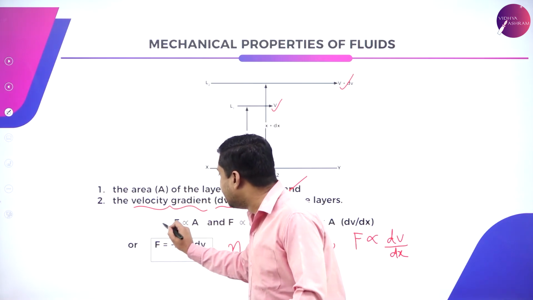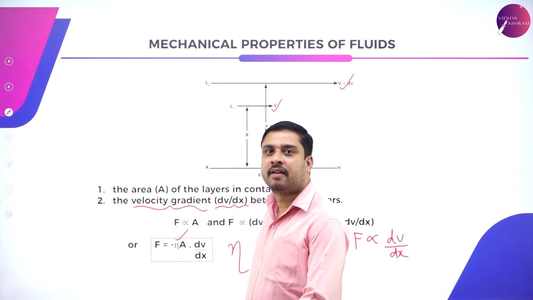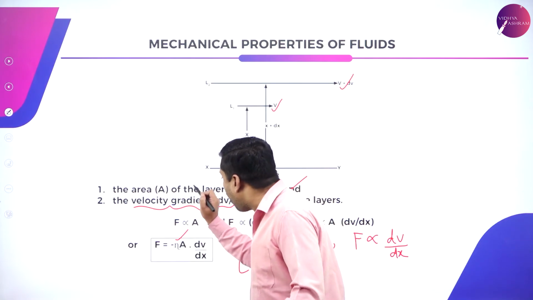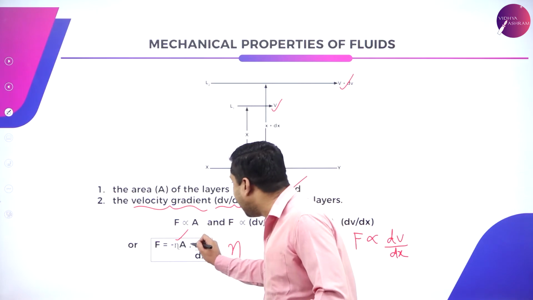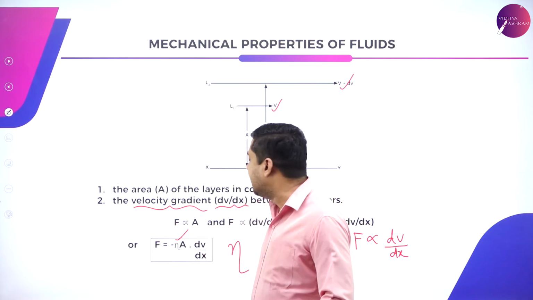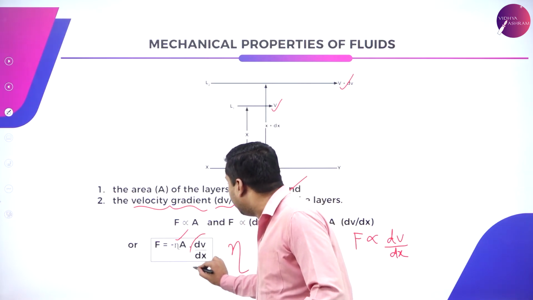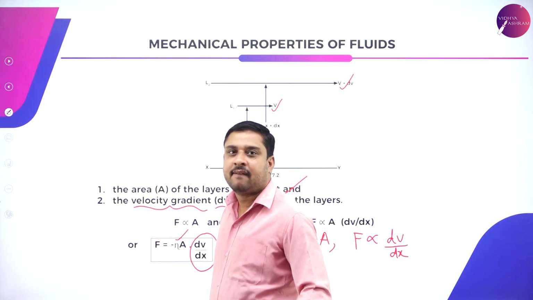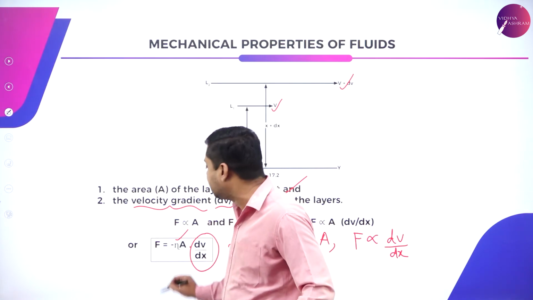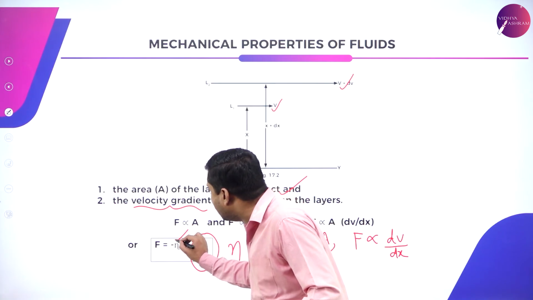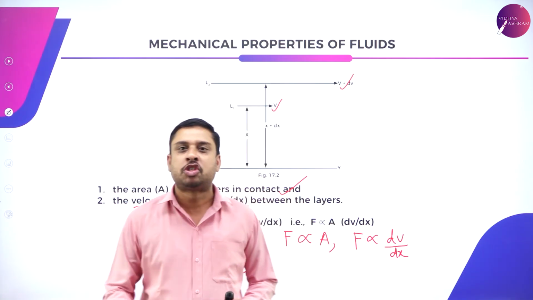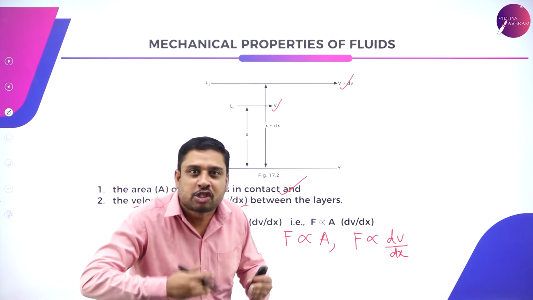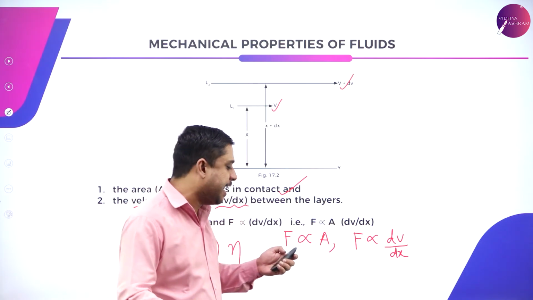So F is the viscous force, eta coefficient of viscosity, A area of the layers, dV by dx velocity gradient, and very clear the viscous force is negative to the motion of layers, opposite to the motion of layers.